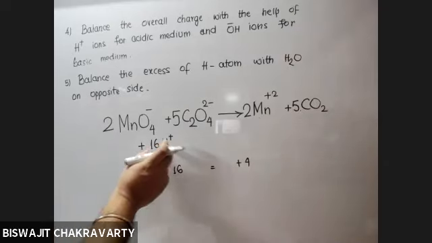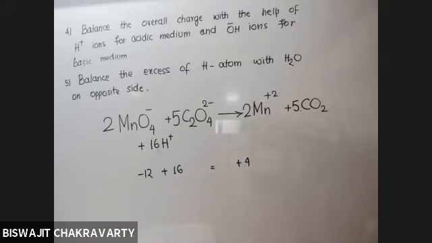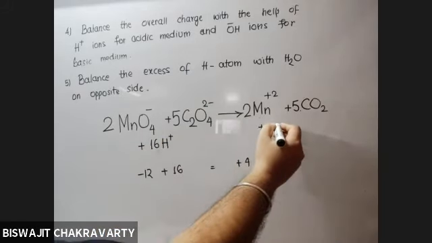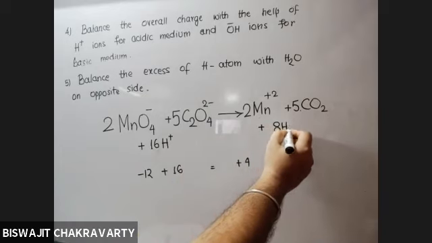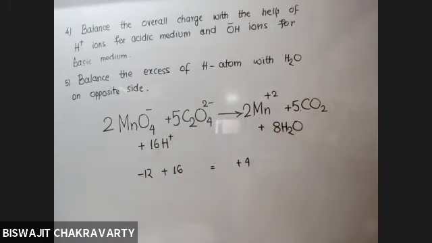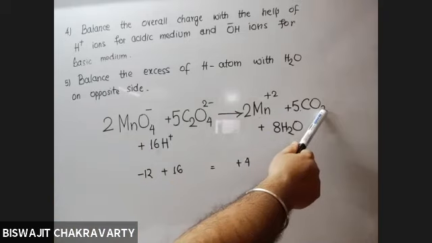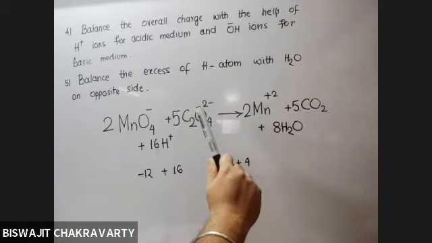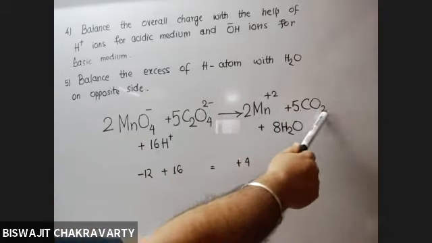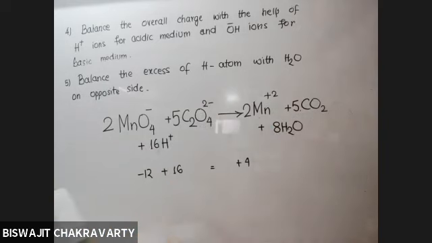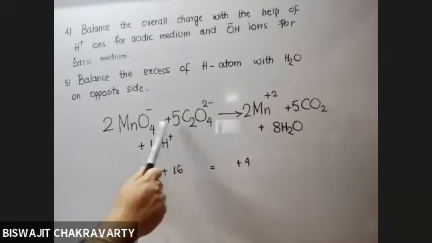And in order to balance the hydrogen atoms, how many water? 8. So see whether oxygen is already balanced or not. 2 4s are 8, 5 4s are 20, 28 oxygen. Right hand side, 5 2s are 10, 10 plus 8, 18. 5 4s are 20.